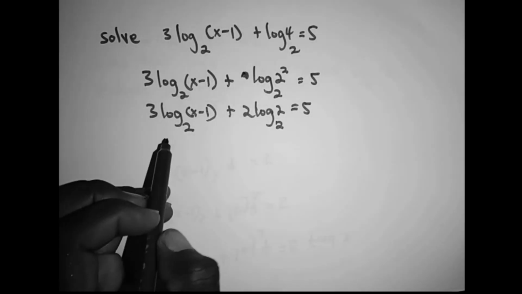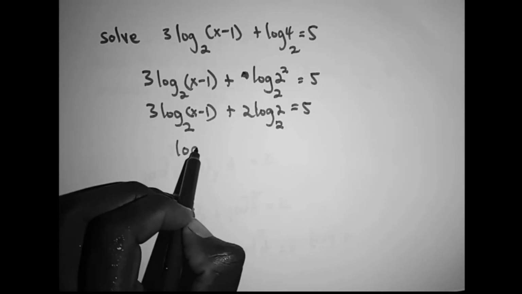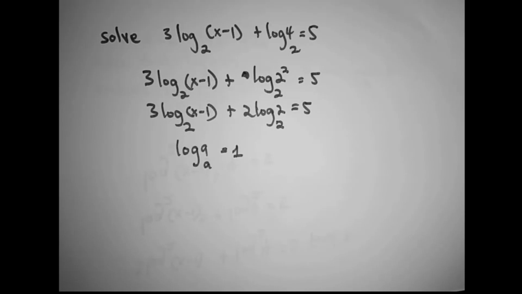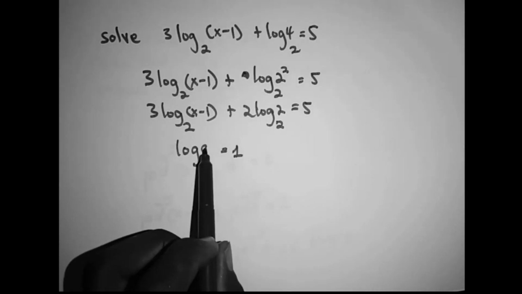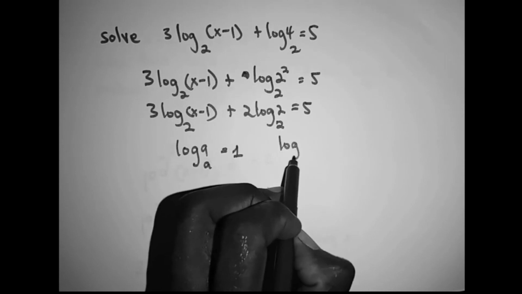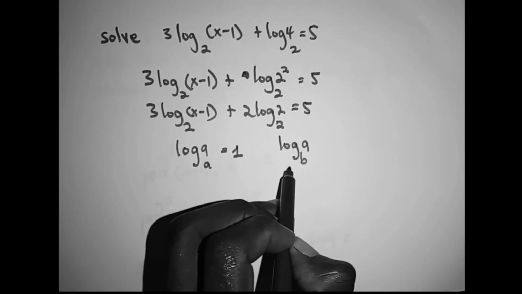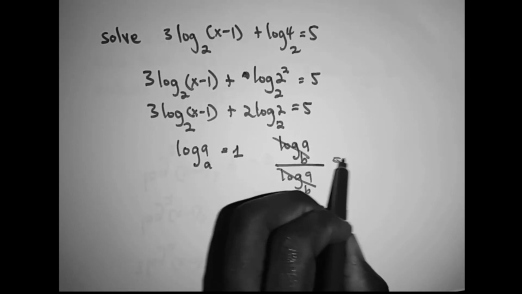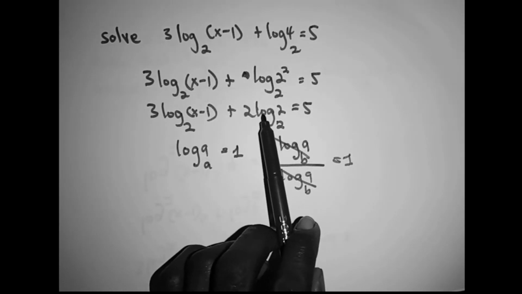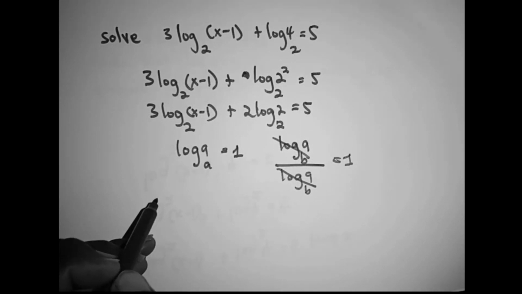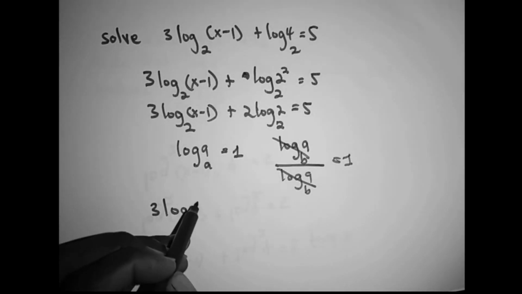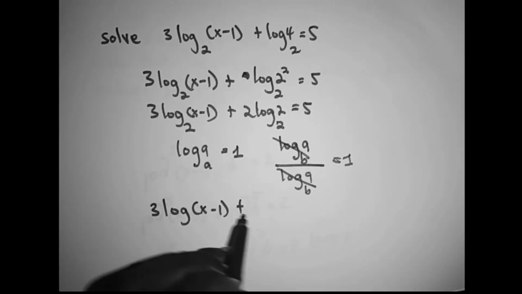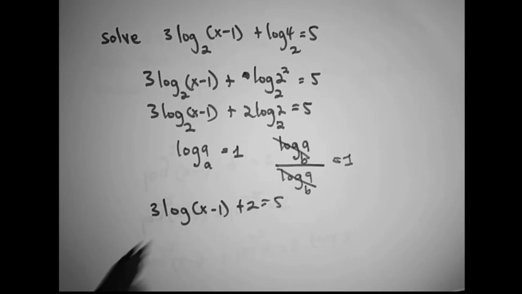Now there is an important formula, which is log a base a is equal to 1. Remember what we said about change of base. Log a base a can also be written as log a base b divided by log a base b, and this will cancel this, so it will give us 1. And therefore, log 2 base 2 is 1. So this becomes 3 log (x minus 1) plus log 2 base 2 is 1, so times 2 is 2. So plus 2 is equal to 5.